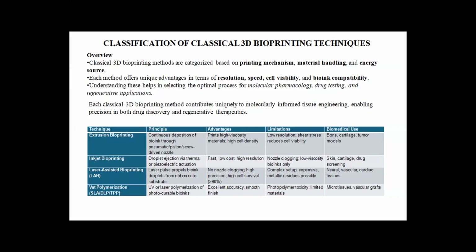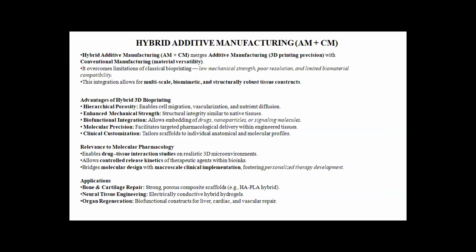Now we come to the main part of our presentation, hybrid additive manufacturing. Hybrid additive manufacturing is the combination of additive manufacturing and conventional manufacturing techniques. This hybrid approach effectively overcomes the limitations of traditional bioprinting methods, such as low mechanical strength, poor resolution, and limited biomaterial compatibility.